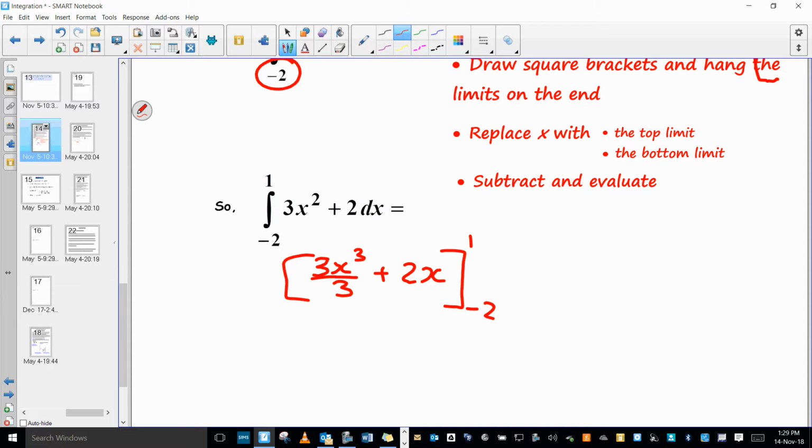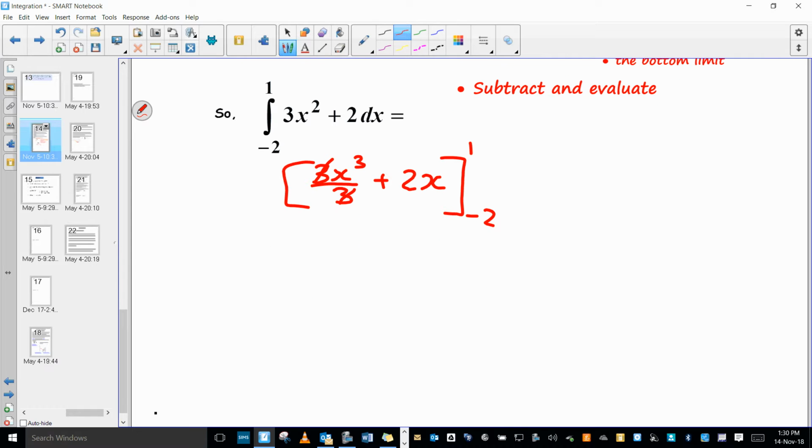Now, at this point, we should be looking at this expression, and we've got 3 on the top and the bottom, so they cancel. So we've got x cubed plus 2x, and then we've got limits of 1 and negative 2.